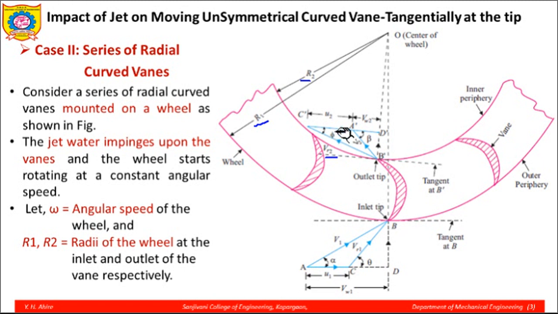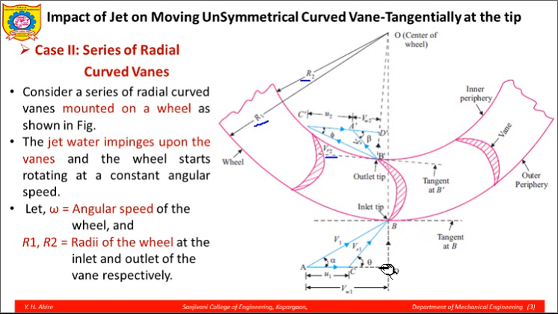This VR2 makes angle phi with the tangent to the wheel at the outlet tip. Beta is the angle made by the absolute velocity V2 at the outlet, right? By joining these vertices, we complete the inlet velocity triangle and similarly the outlet velocity triangle.